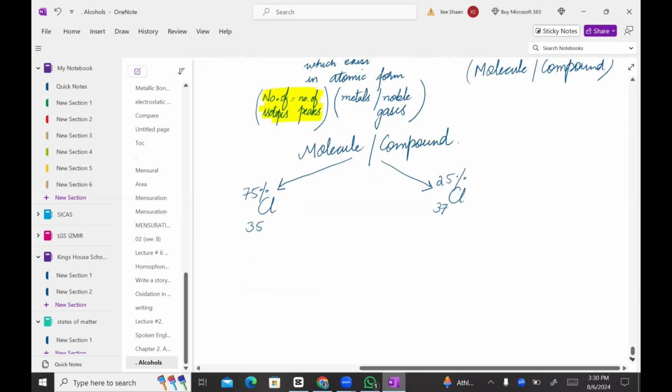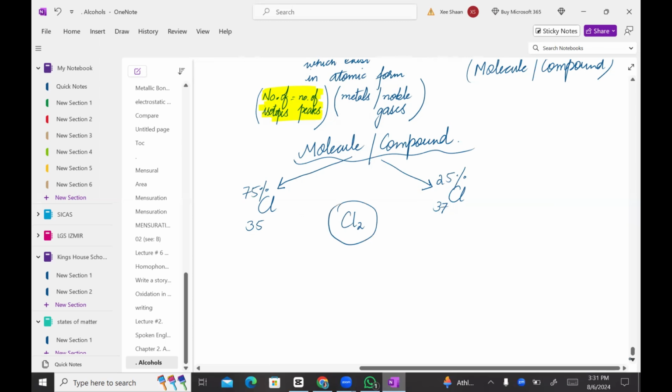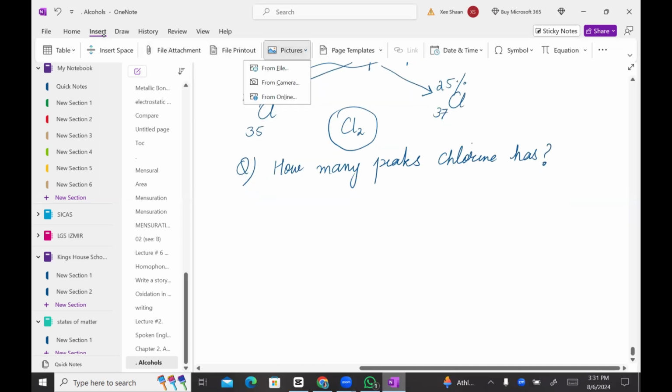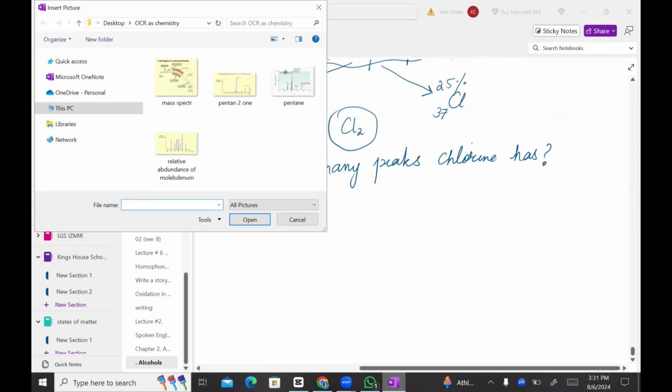So the question arises: we know that chlorine exists in Cl2 form. So this is basically a molecule. The major question arises here: how many peaks would chlorine have?